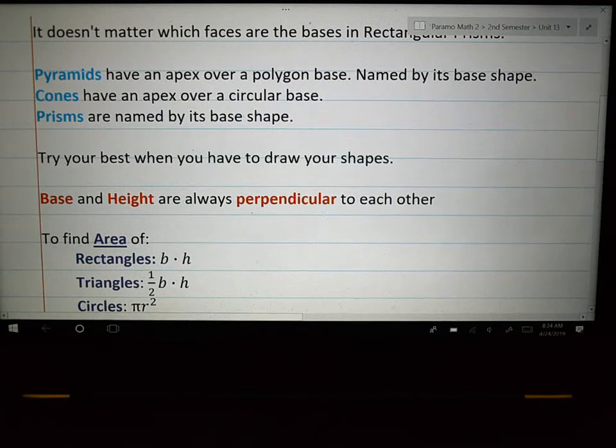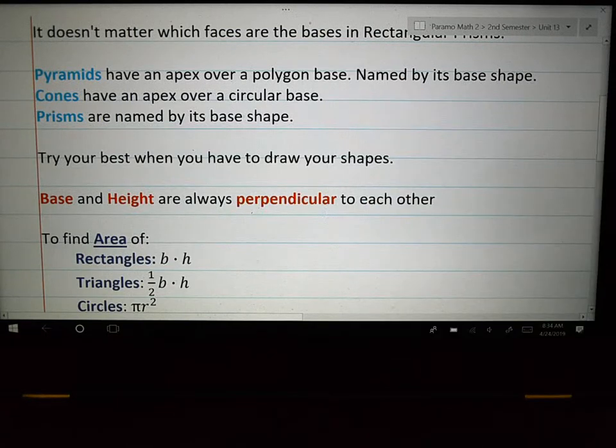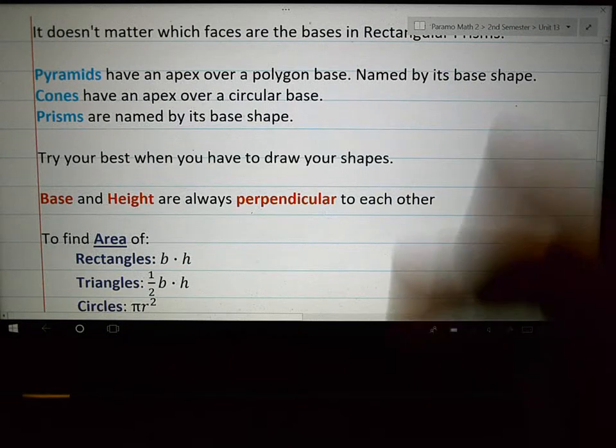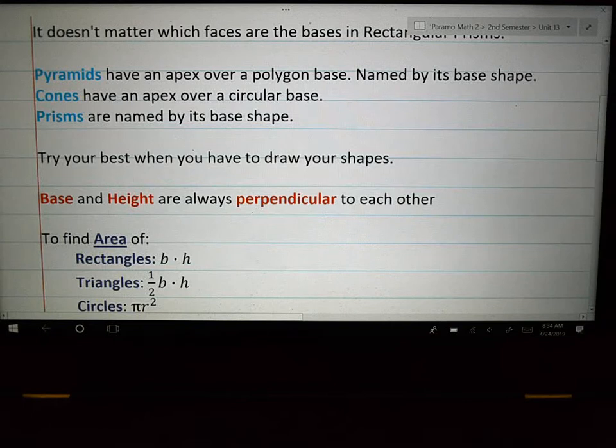I say that because that's review. You're going to have to name several shapes on the first page of this worksheet. For example, if it's a pyramid, it might be a square pyramid, a triangular pyramid, a pentagonal pyramid, or a hexagonal pyramid, depending on how many sides the base has.